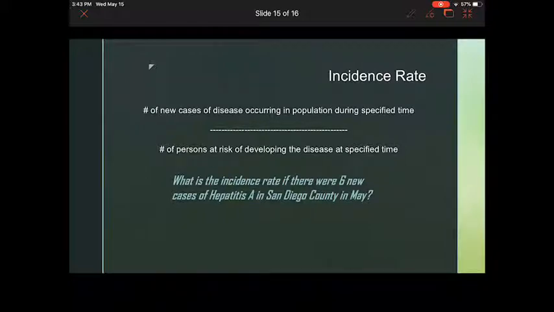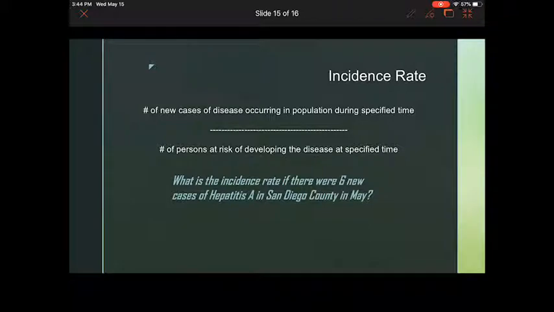You might think it's 3 million, but actually it's how many are still at risk. If we already have had 89 contract the disease prior, that was our prevalence rate, and now we have 6 new ones for this month. So the bottom number is actually 3 million minus 89, because that is who is still at risk in San Diego County. That number comes out to 2,999,911.